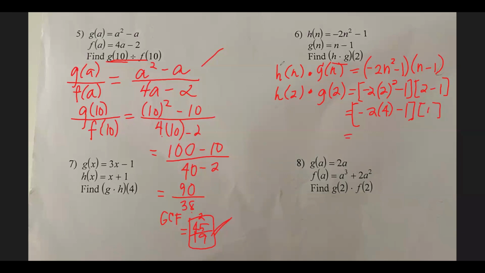Okay. Next is since we are multiplying by 1, the answer is itself, right? So we only need to simplify this. So the negative 2 times 4 is negative 8 minus 1, and that is negative 9. So the answer is negative 9.